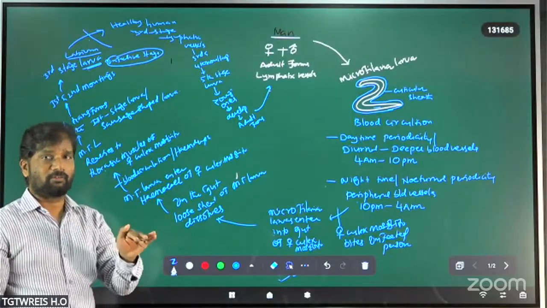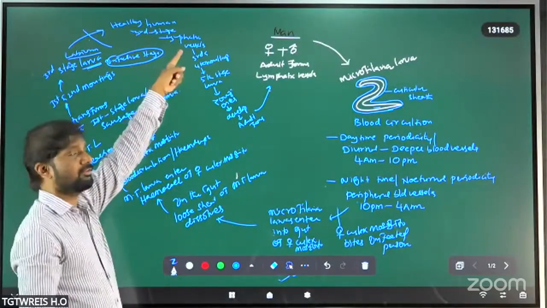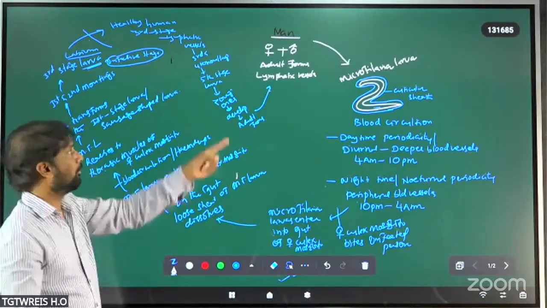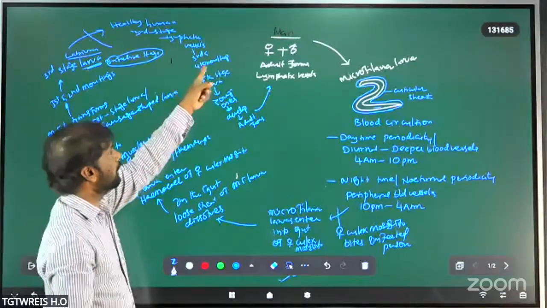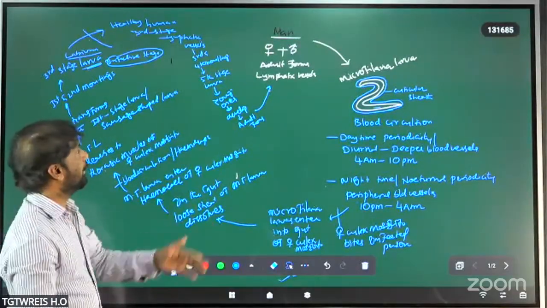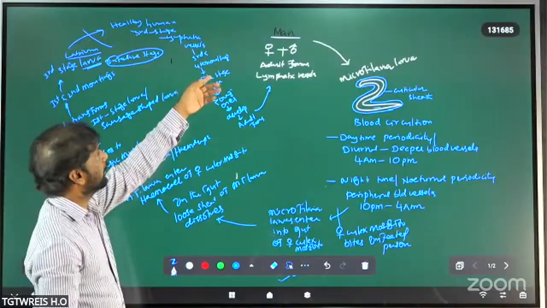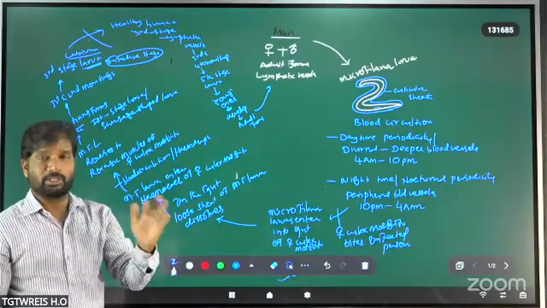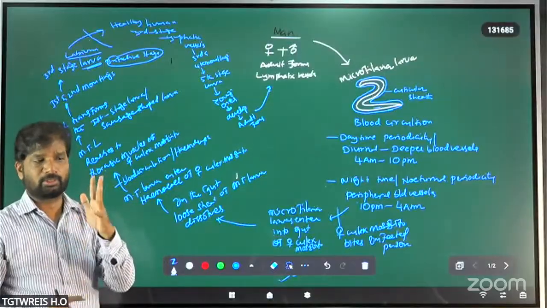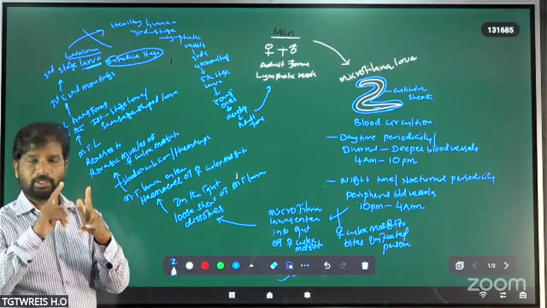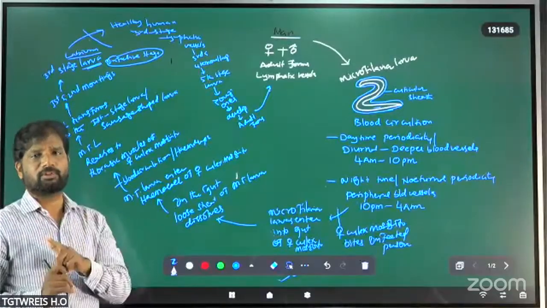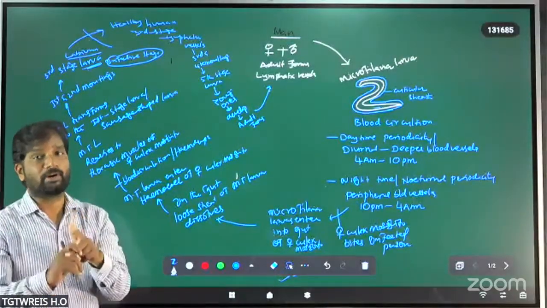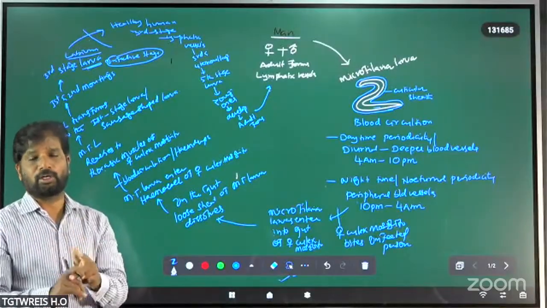In the lymphatic vessels, this third stage larva undergoes the third molting and fourth molting, and it develops into the fifth stage larva. So the fifth stage larva, where is it present? In the lymphatic vessels of the newly infected person.